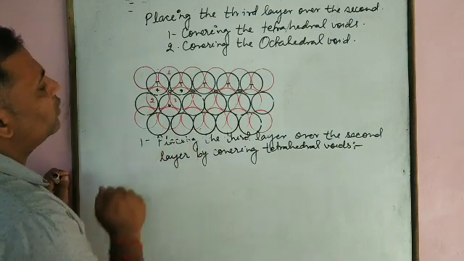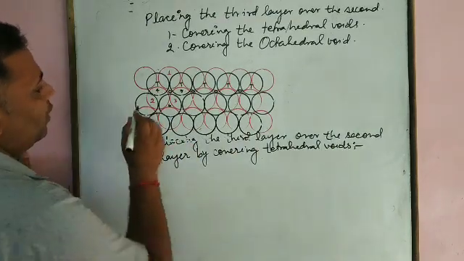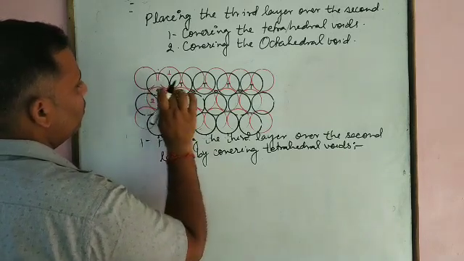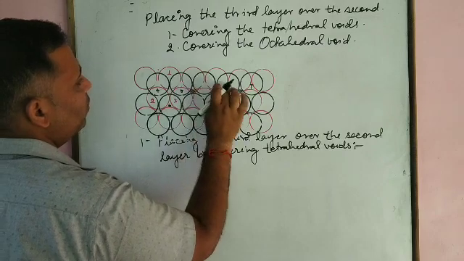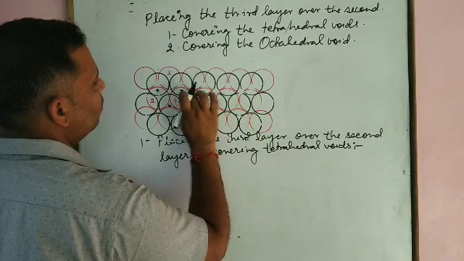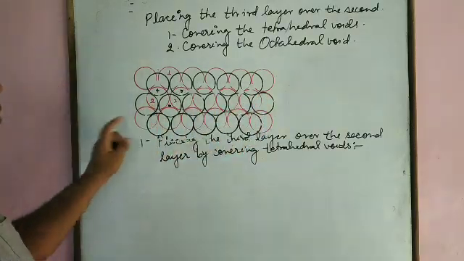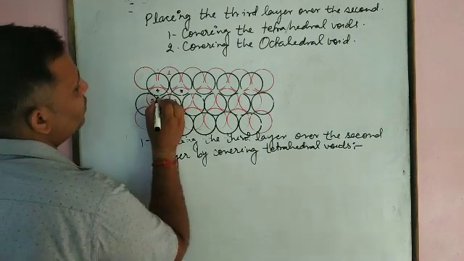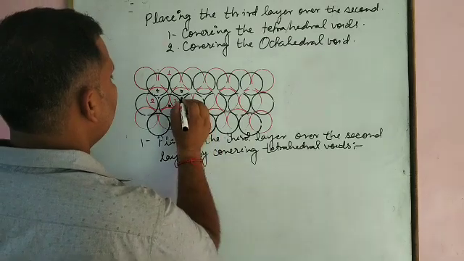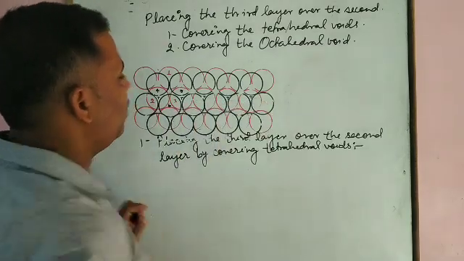Let us see what the tetrahedral voids are in the case of the second layer. The black color spheres are known as the second layer. They have the tetrahedral voids. This one is tetrahedral, this one is tetrahedral, this one is tetrahedral.